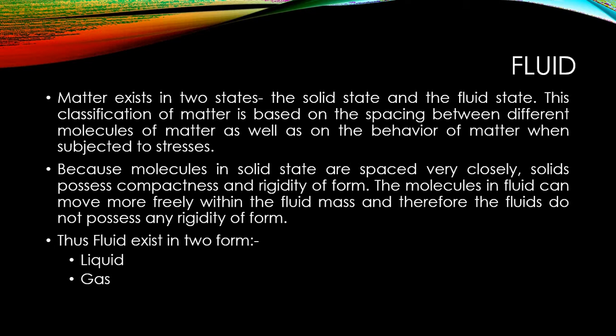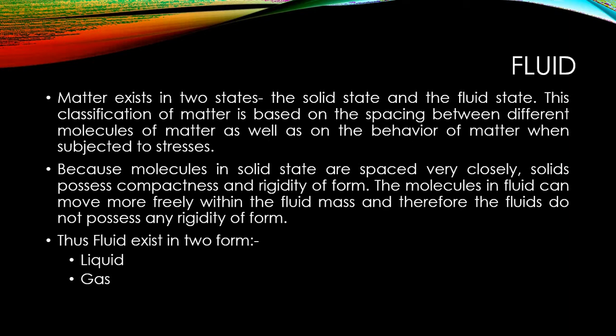Now, what are fluids? Whatever matter exists on the surface of the earth is in 2 states: one is the solid state, another is the fluid state. This classification of matter depends upon the spacing between the molecules of matter as well as on the behavior of matter when subjected to stresses.